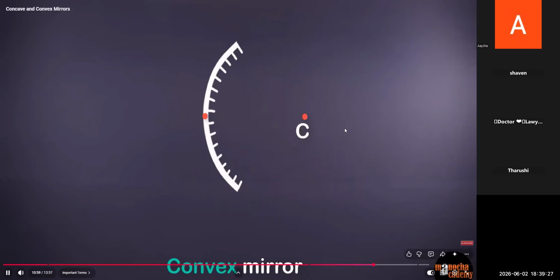The center of the surface of a convex mirror is called the pole, represented by P. Now in a convex mirror, usually the light rays are coming from this side, right? Yes, teacher. But where is the center of curvature of the circle? It is behind the mirror. Remember that. Where is the center of curvature? It's behind the mirror.